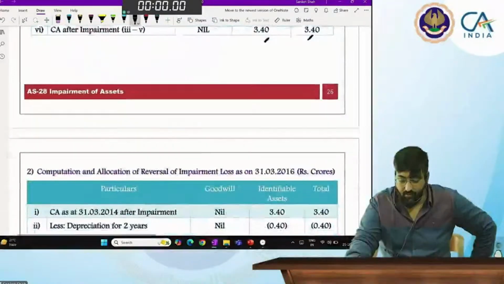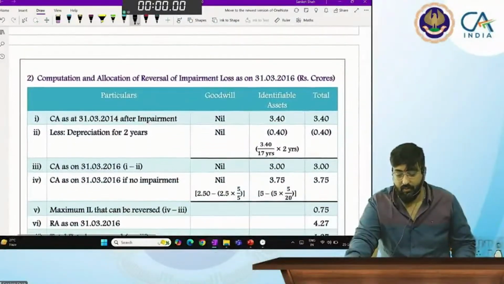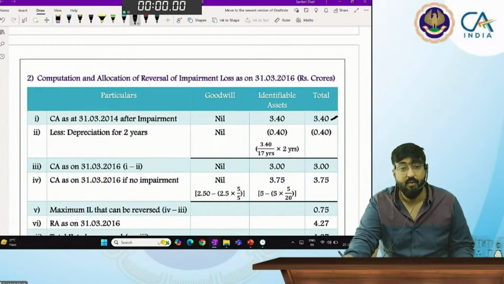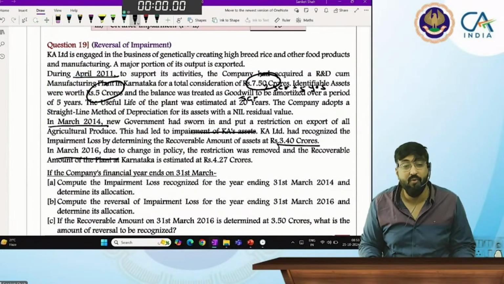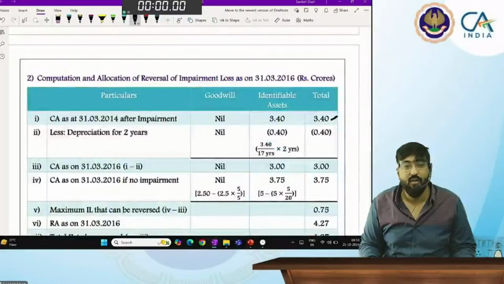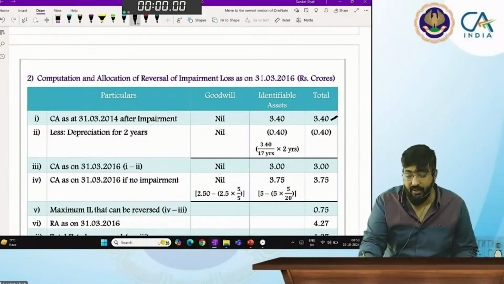Now carrying amount of the asset is 3.4. Say now after 2 years you depreciated. In March 2016, you reversed it. So you continue with 3.4 and now your asset life is 17 years. Why?